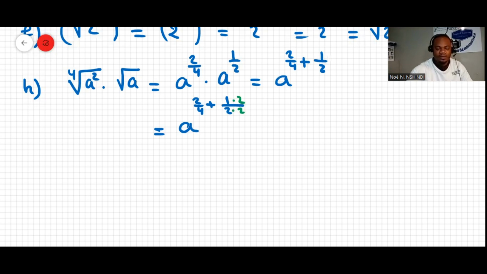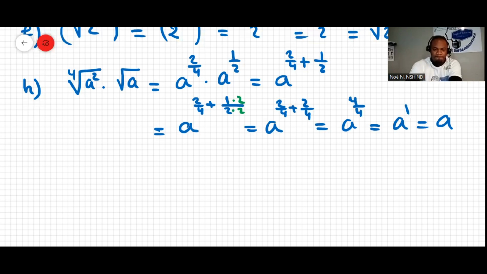So that makes a to the power of 2 over 4 plus 2 over 4, and then this equals a to the power of 4 over 4, which is just a to the power of 1, which is a. I could have made it simpler from here because 2/4 just makes a half, so a half plus a half is the whole 1. So a to the power of 1.